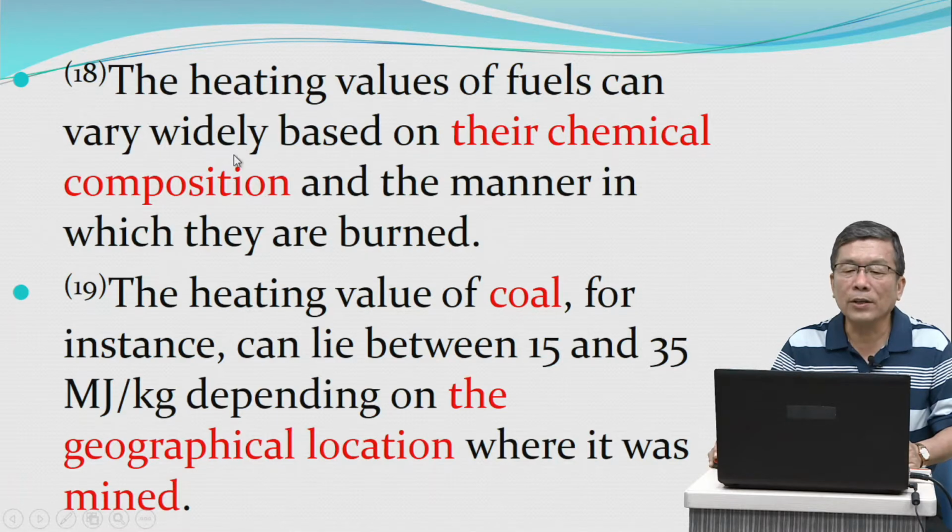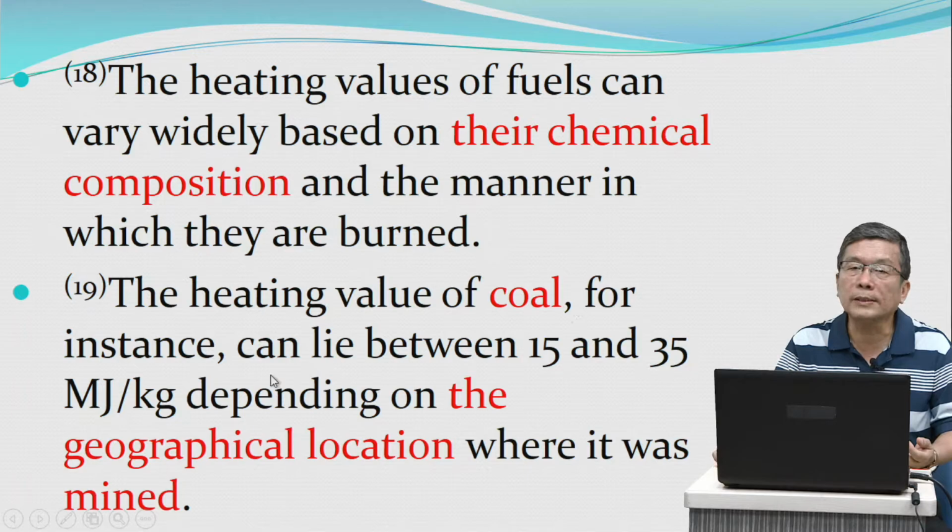The heating value of fuels can vary widely based on their chemical composition and the manner in which they are burned. The heating value of coal, for instance, can lie between 15 and 35 MJ per kg, depending on the geographical location where it was mined.